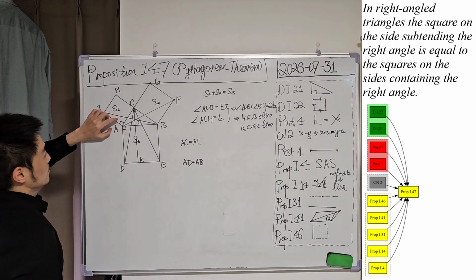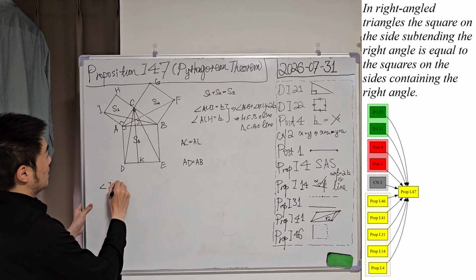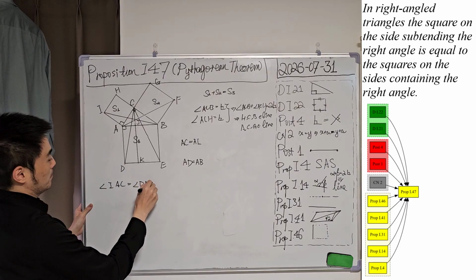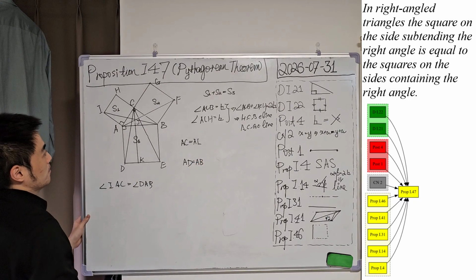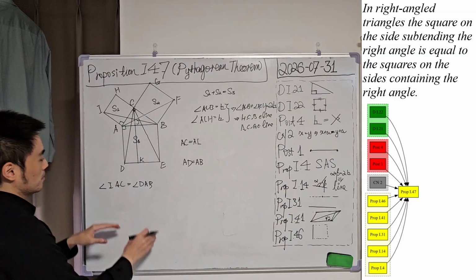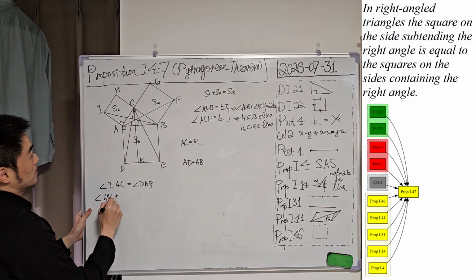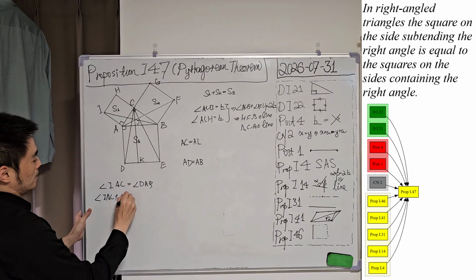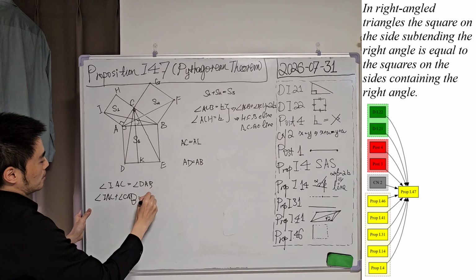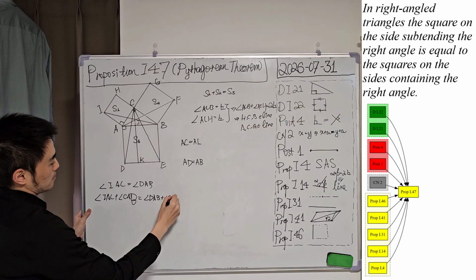If we apply postulate 4, it is postulated that all right angles are equal. So this is a right angle, this is a right angle, so angle IAC will be equal to angle DAB because of postulate 4, right? And if we apply common notion 2 again to add the same thing to both sides, angle IAC plus angle CAB will be equal to angle DAB plus angle CAB.